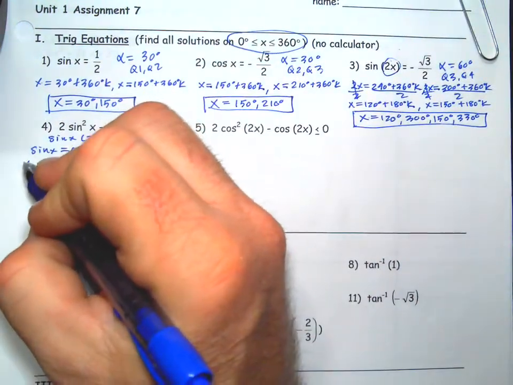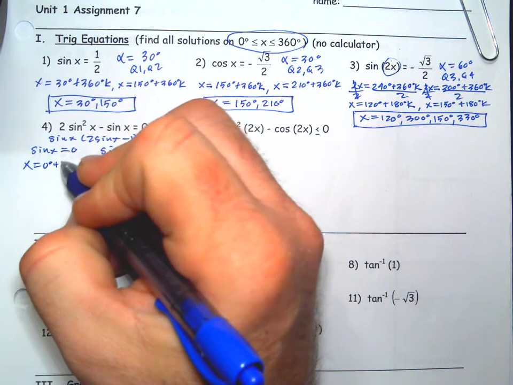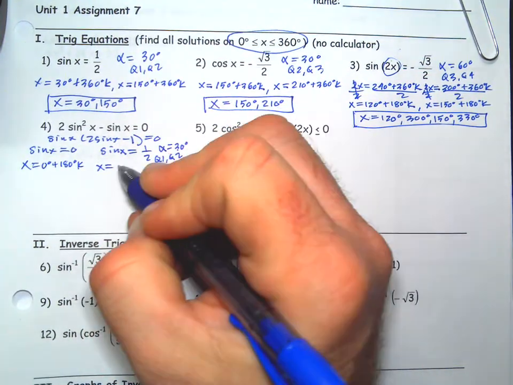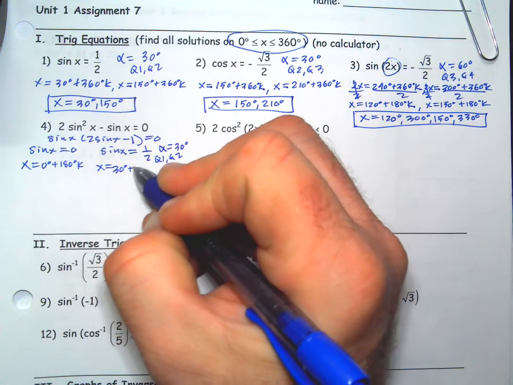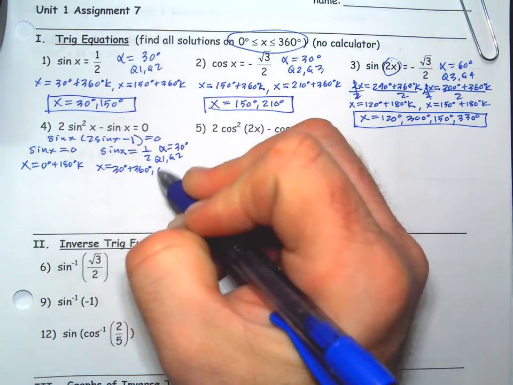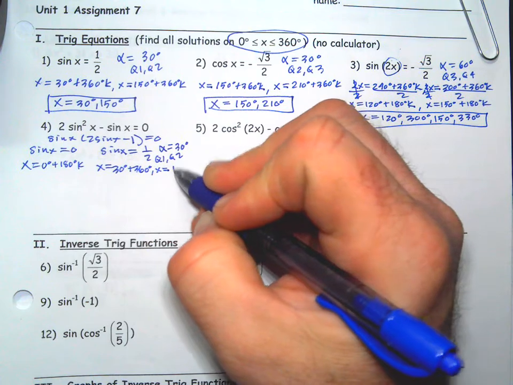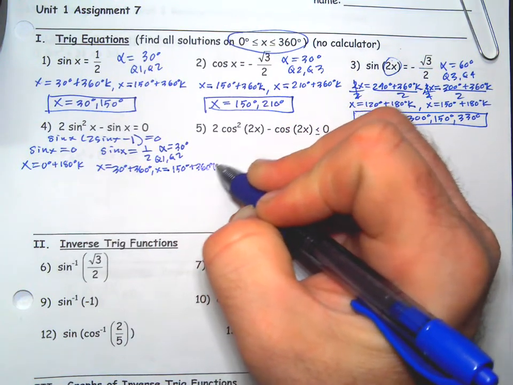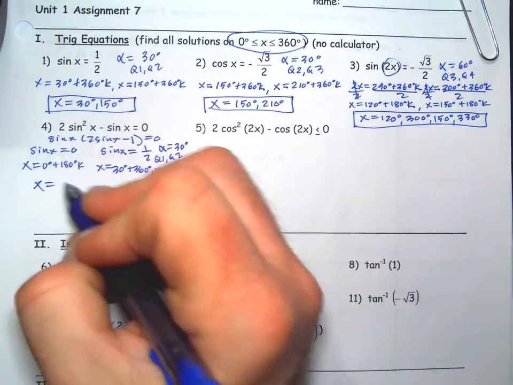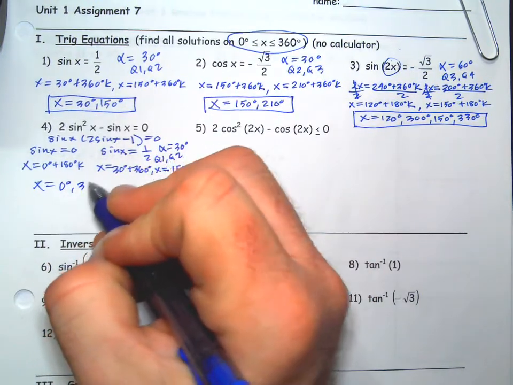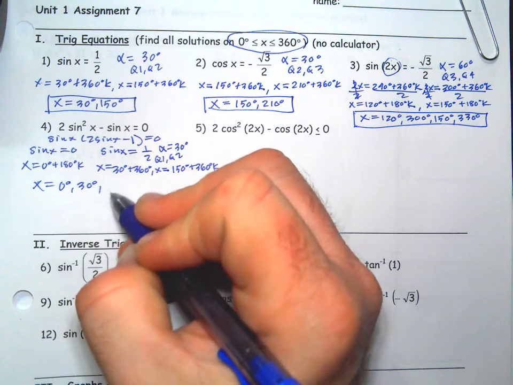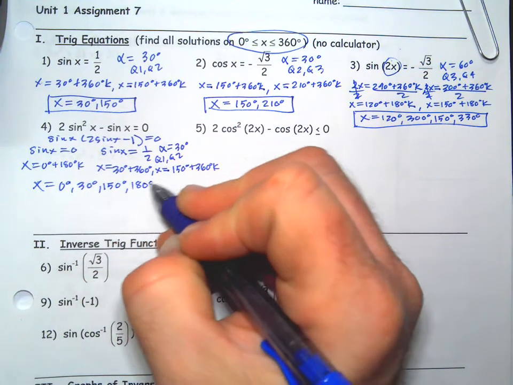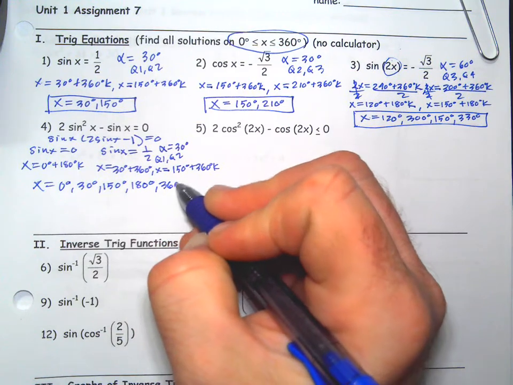When does sine equal 0? 0 plus 180k. x equals, quadrant 1 would be 30 plus 360k. And quadrant 2 is going to be 180 minus alpha, 150 plus 360k. So x equals 0, 30, 150, 180. Don't forget about 360.